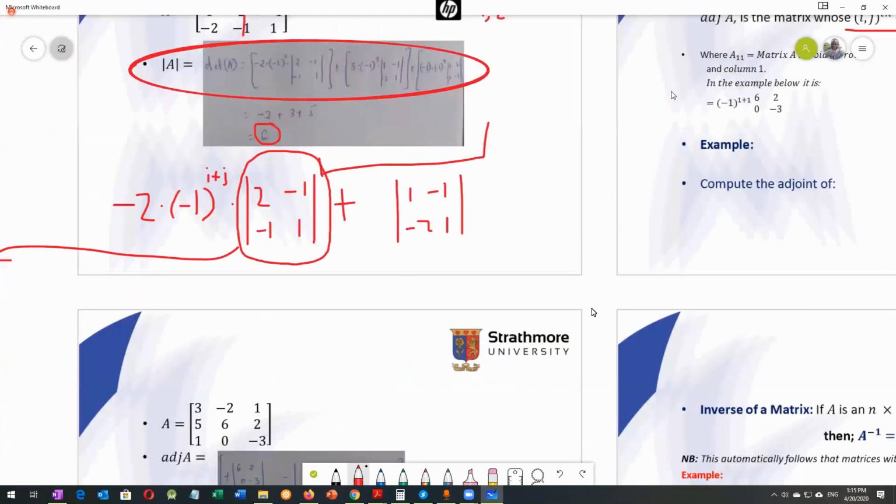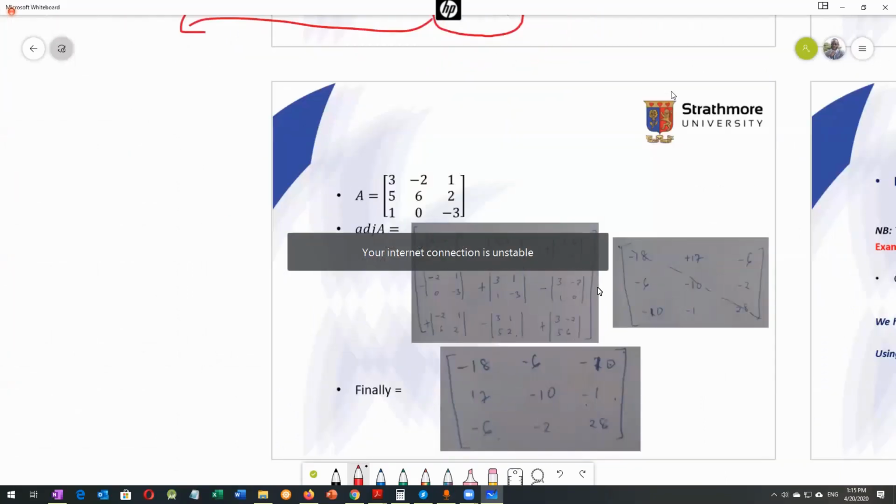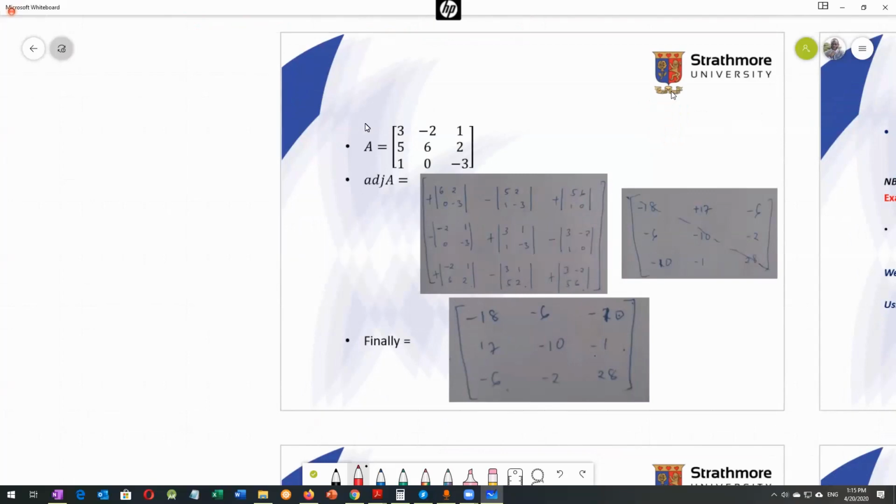This is how an adjoint looks like. If I have 3, -2, 1, you are already seeing this. Create this the same way. When I'm dealing with the first element, which is 1,1, I will ignore these and that. Then this forms my smaller matrix, which you're actually seeing here. But we normally start the first with a positive sign.